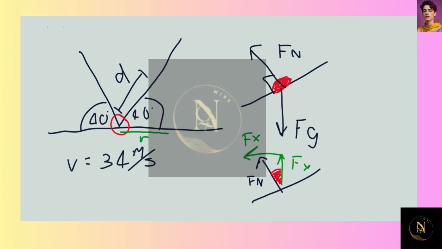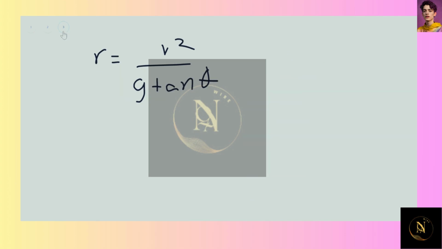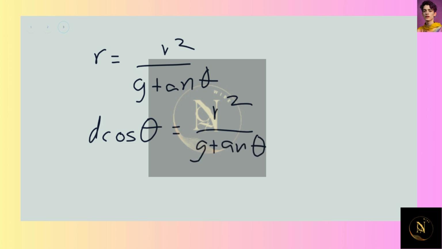So what we are looking for is d. And we can see from the setup of this problem that r must then be equal to d times the cosine of theta. And we plug in the same math that we had earlier.